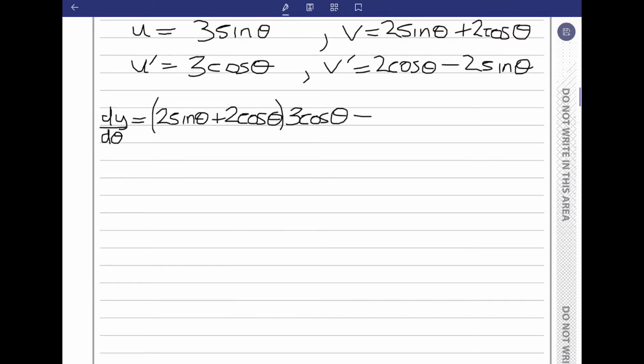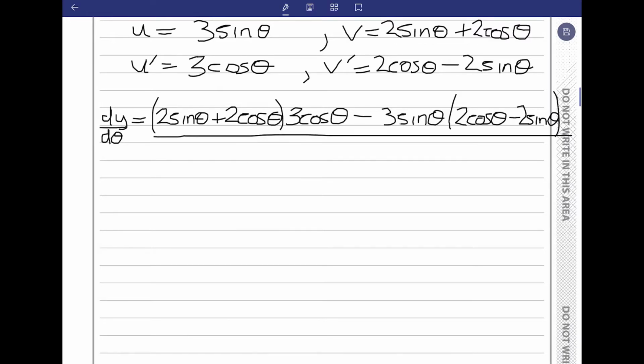And then we're going to take away u, which is 3 sine theta, times by v primed, which is 2 cos theta minus 2 sine theta. Just about got enough space there. And then we also have to divide by v squared, which is 2 sine theta plus 2 cos theta, and this is all squared.